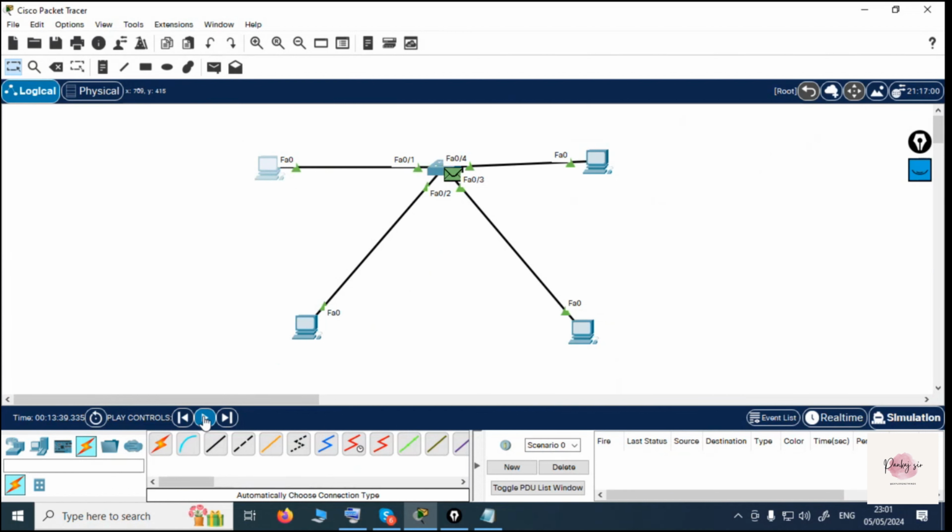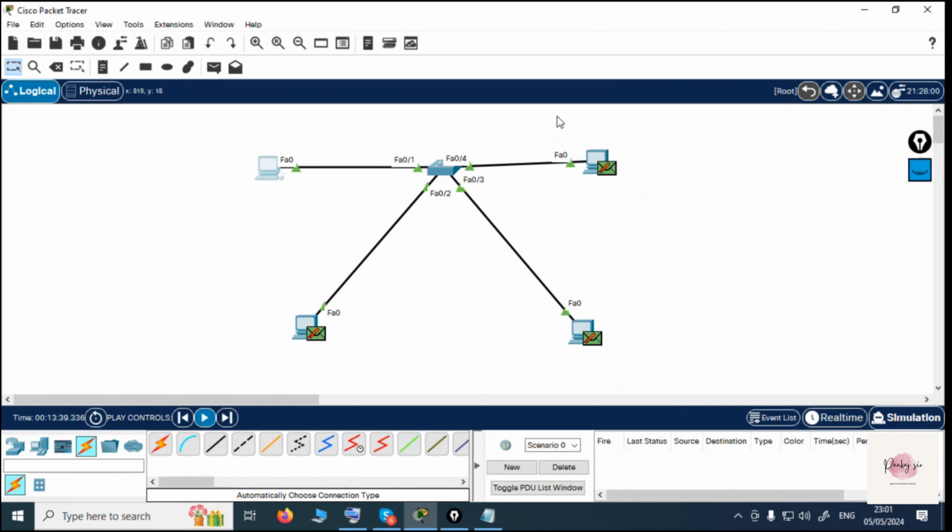It will be sent to all the PCs. See here also, in this case also, if something has been broadcasted, it reaches all other devices through the port attached to the switch.